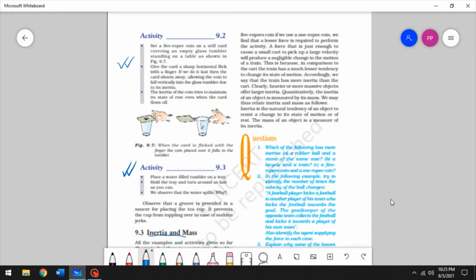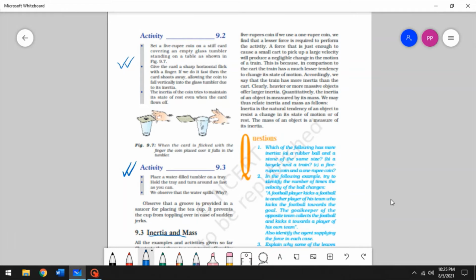Alright, but that is the opposite for lighter or less massive objects, whose state can be changed. Yeah, I can put it that way.